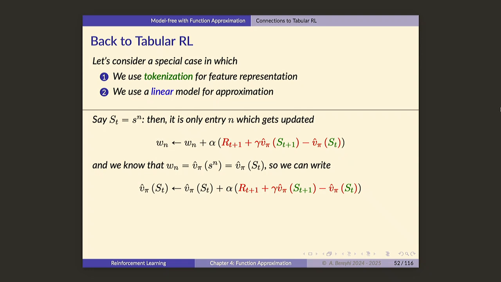No questions? Okay, so that one is tabular TD, and you can see that all the other approaches you have done, if you do the same thing here with a neural network, with the state representation as a one-hot vector and the model as linear, then eventually you end up with the exact tabular form.